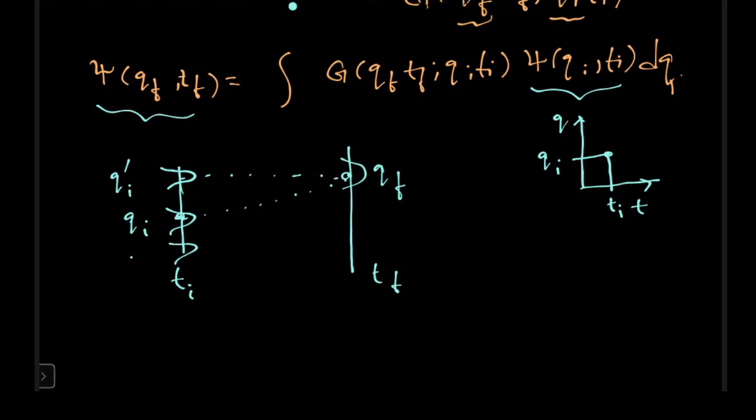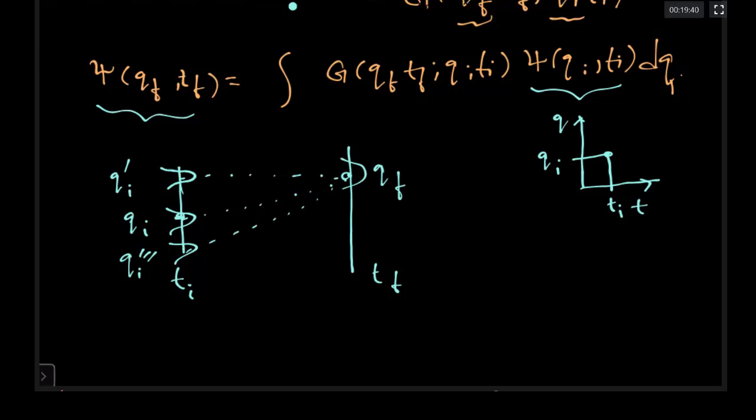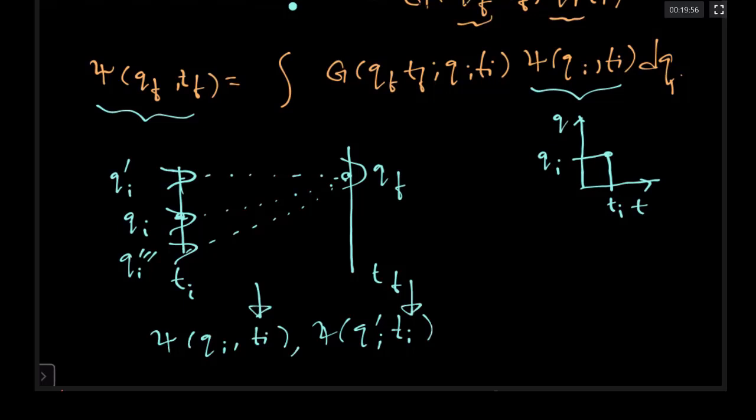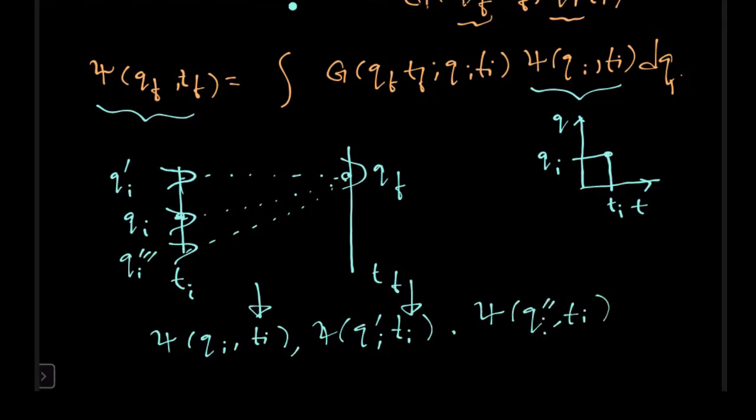You can have qi triple prime, and it also adds into the sum. That means you have a sum of contributions of various amplitudes: qi ti, and then qi prime ti. But look at this interesting thing. All these various amplitudes are at the same instant of time, that is ti. What are the other amplitudes? qi double prime ti. All these amplitudes add.